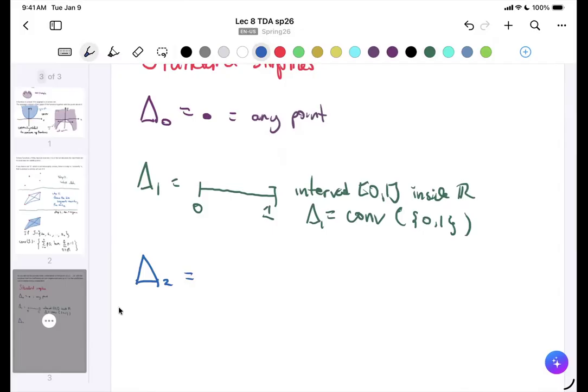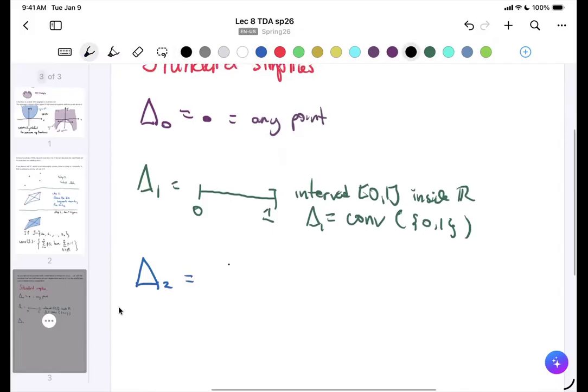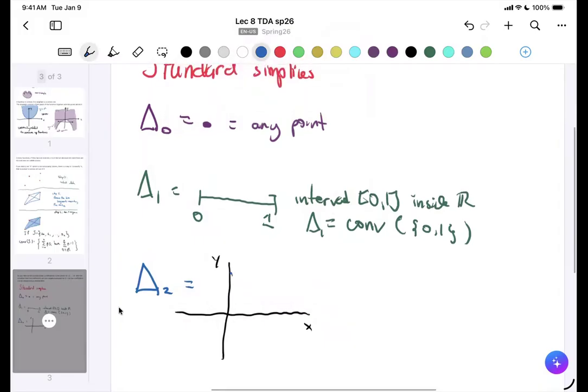So in fact, I'll draw it already as it's supposed to look in R2. If you have the XY plane, the standard simplex looks like this solid triangle. It is solid, so it does include the inside. Otherwise, it wouldn't be convex.